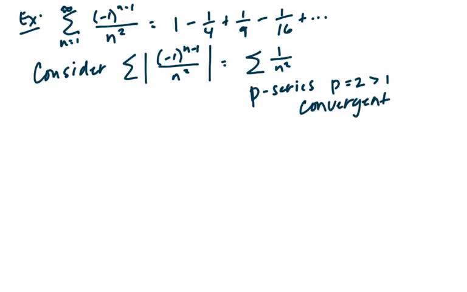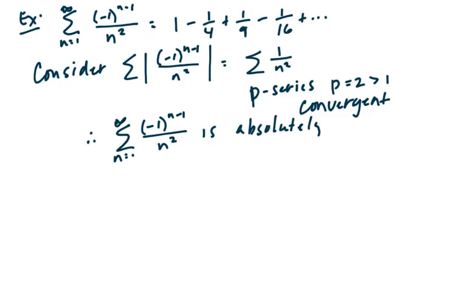So since the absolute value is convergent, we can say, therefore, the series of negative 1 to the n minus 1 over n squared is absolutely convergent. Let's look at another one.